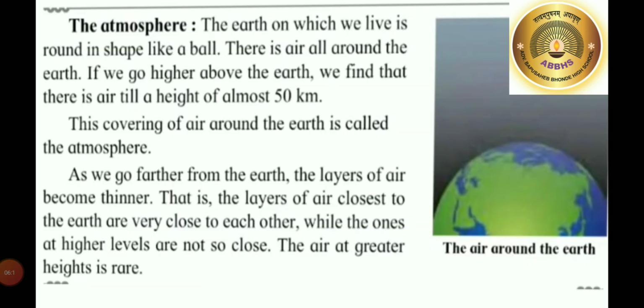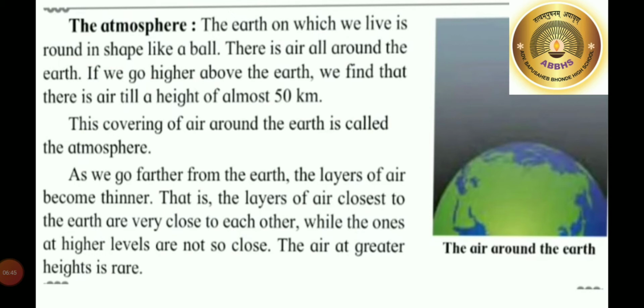Now, see students, we are going to study about the atmosphere. Okay? The atmosphere. The earth on which we live is round in shape like a ball. You all know that. So, there is air all around the earth. If we go higher above the earth, we find that there is air till a height of almost 50 kilometers.